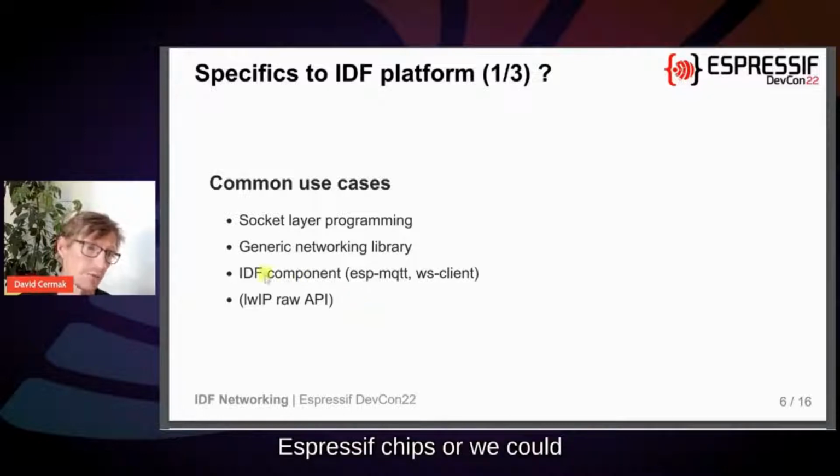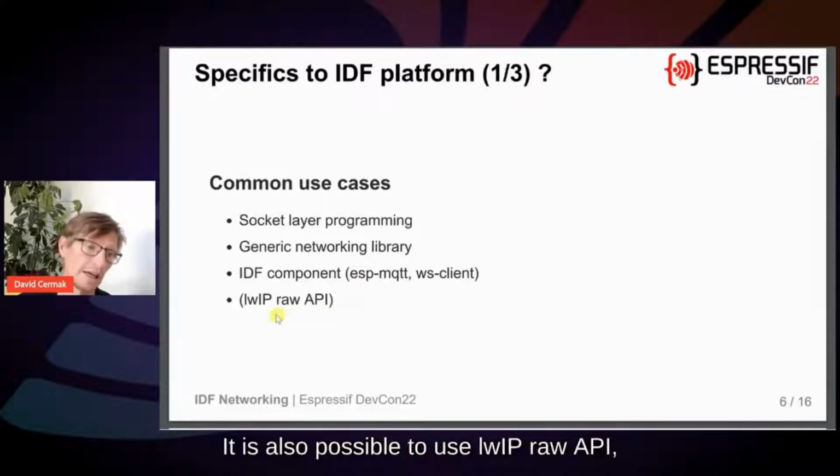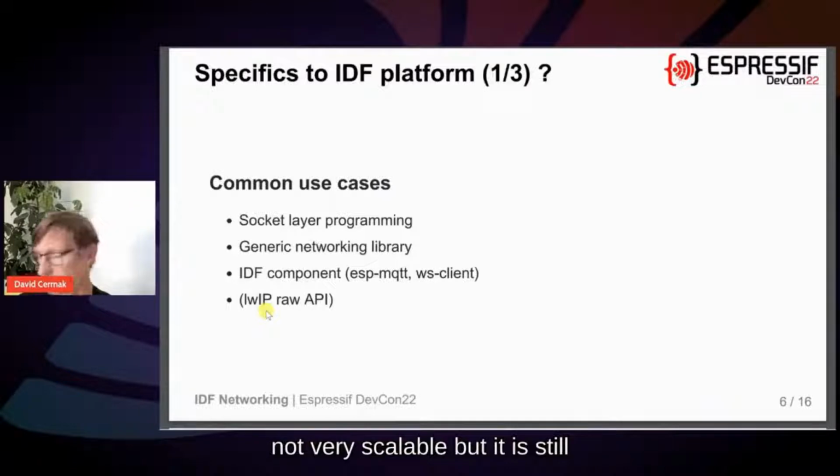Or we could have an IDF component directly. This is probably the most common use case that our customers do: ESP MQTT, WebSocket client, and others. It is also possible to use the LWIP raw API, which is not recommended and it is not very scalable, but it is still possible.